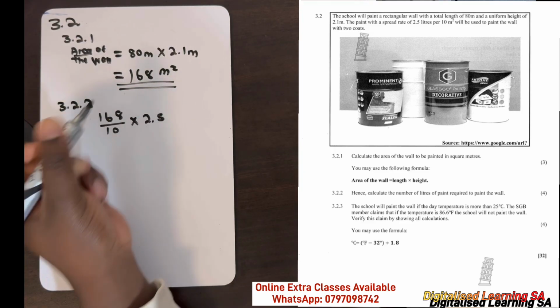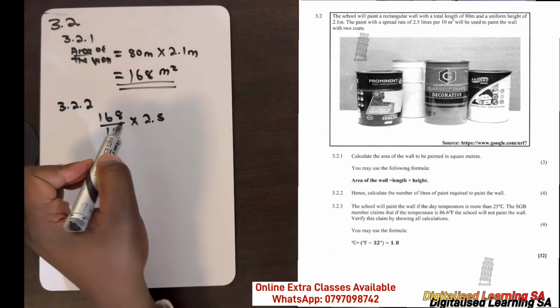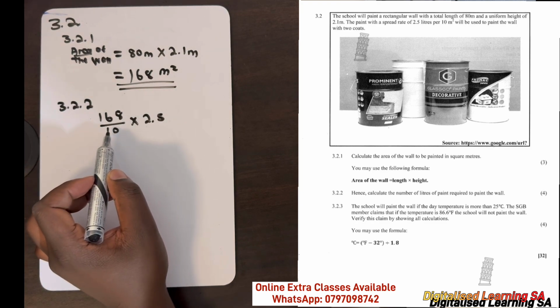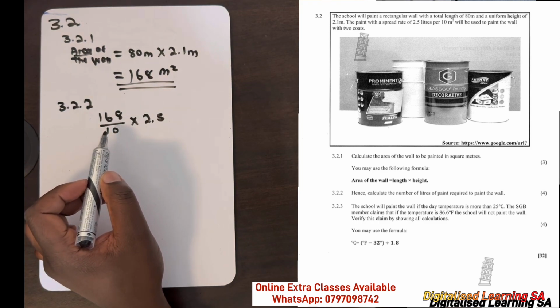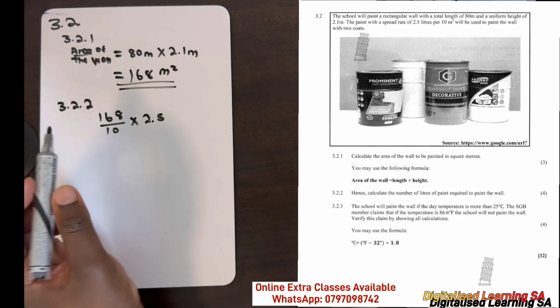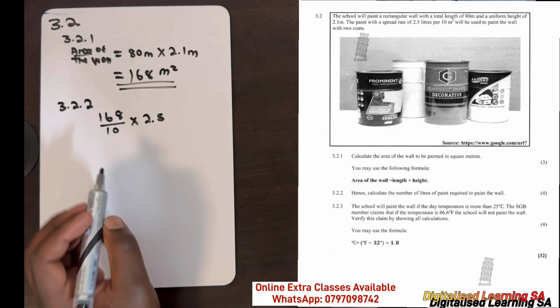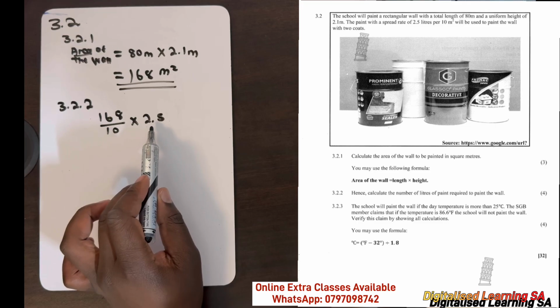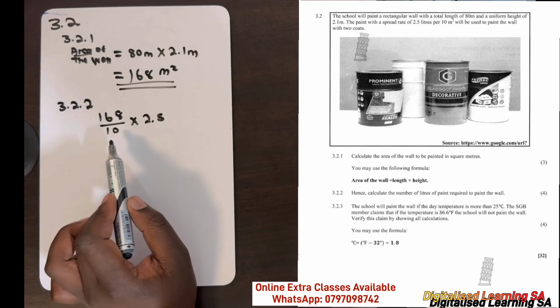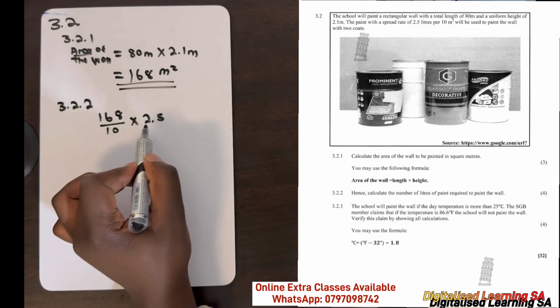Remember, we are told that 10 square meters will be painted by 2.5 liters of paint.